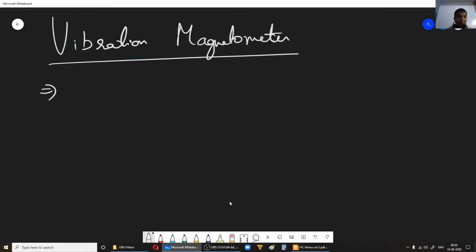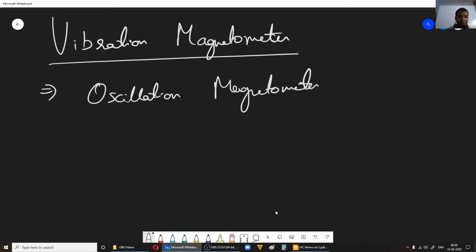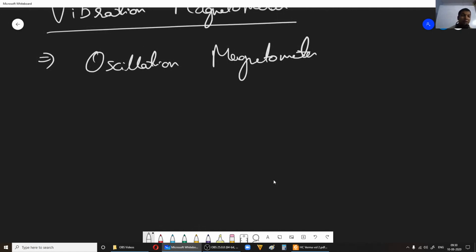Let us go to the next topic. Vibration magnetometer. It is also called an oscillation magnetometer. It is just a simple bar magnet that we take, and we will see how it works.